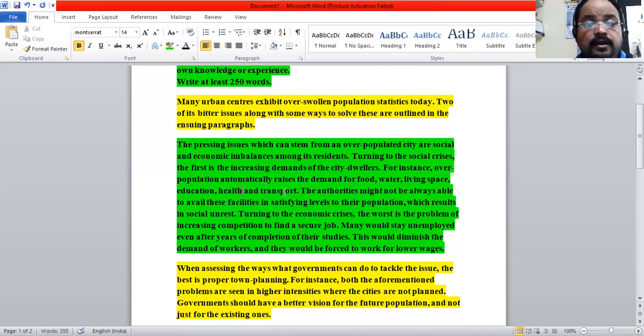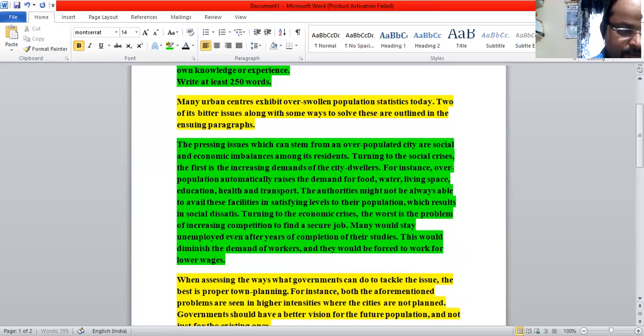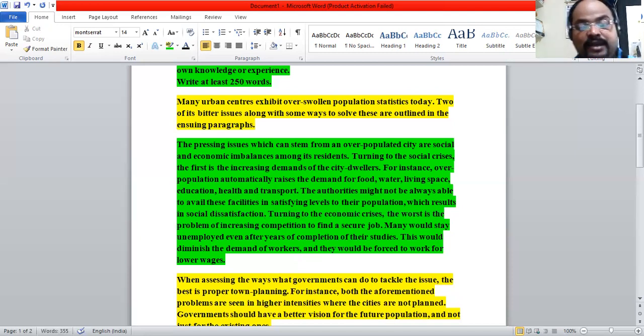The authorities might not always be able to avail these facilities at satisfying levels to their population, which results in social unrest. I went with the word dissatisfaction, the social dissatisfaction.